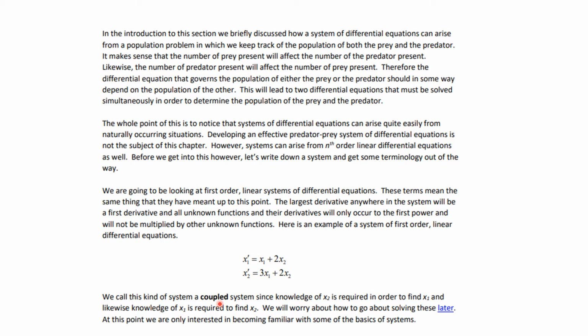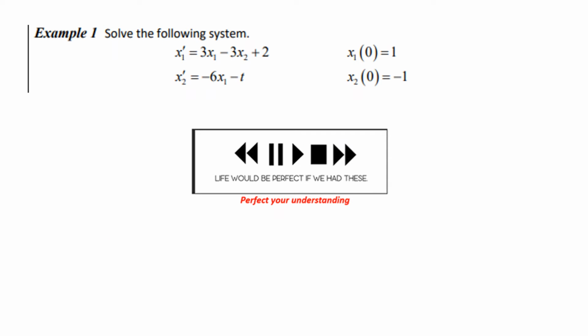So this is called a coupled system. In this transition, we're going to use Laplace transforms to solve such a problem. And here it is.